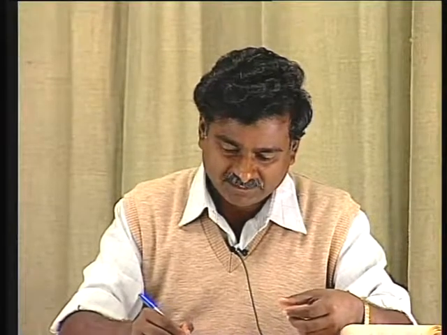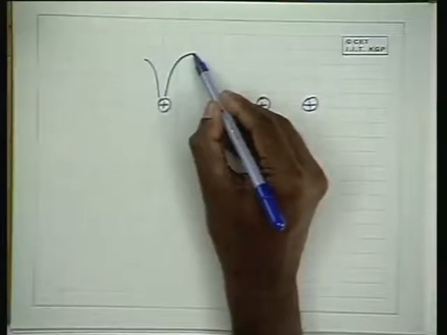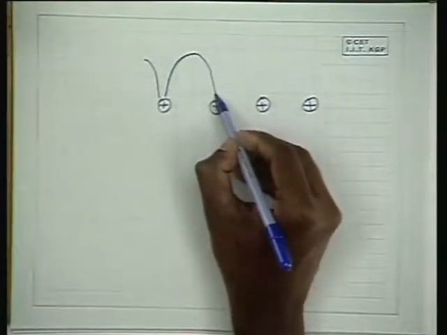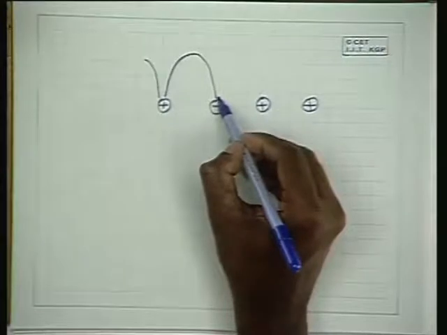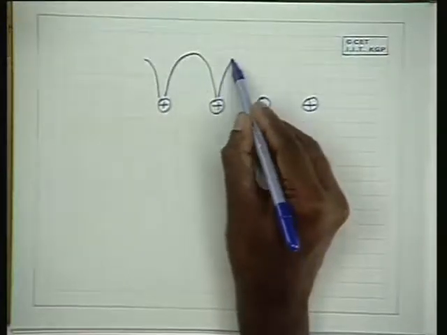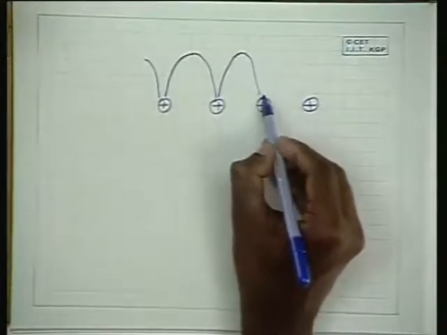That means the number of electrons and the number of protons in the nucleus are not matching. When an electron approaches, the potential goes down like this, and as the electron goes out and goes close to the next nucleus, the potential goes down again, and so on.